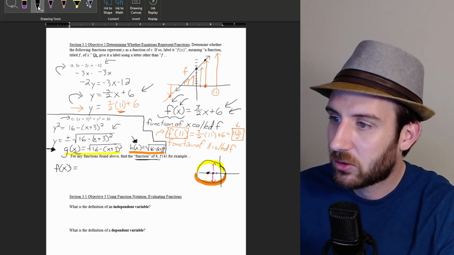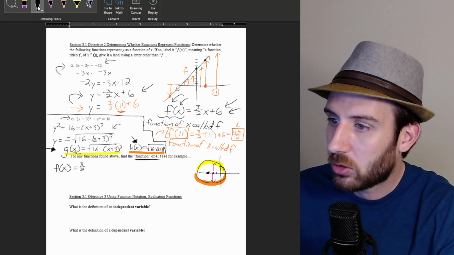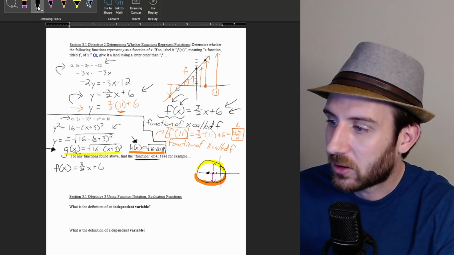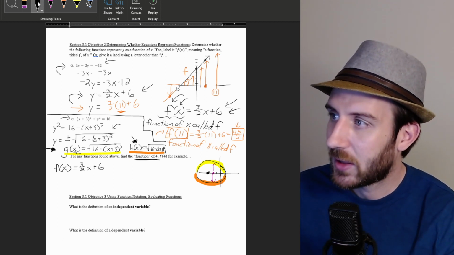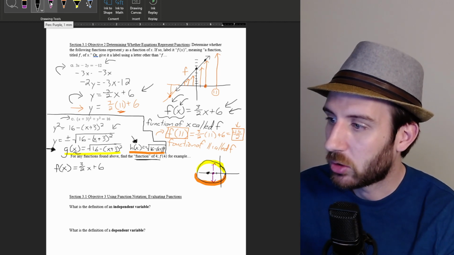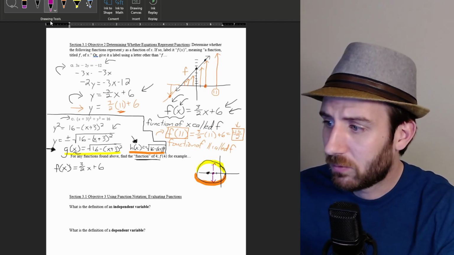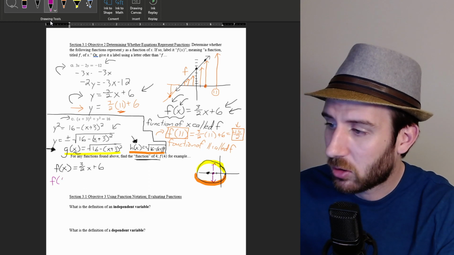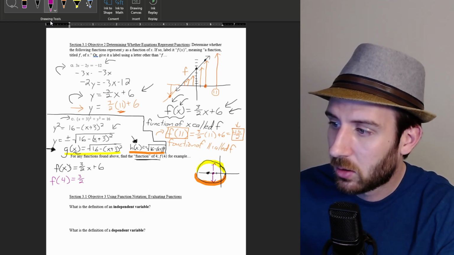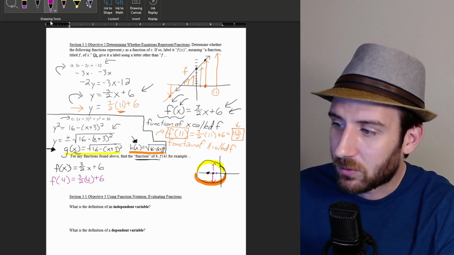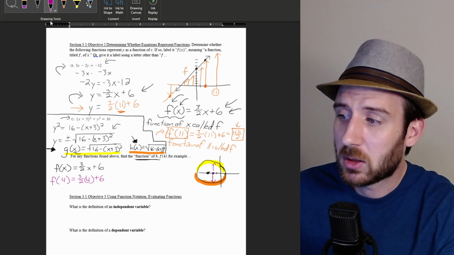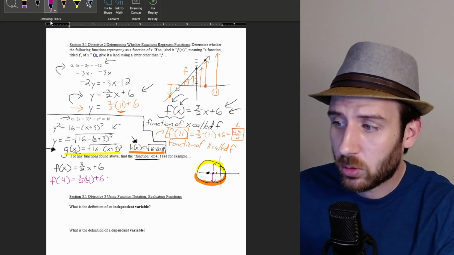So if f of x is 3 over 2 x plus 6, that meant that the function of every x value was to get plugged in here and give me one and only one answer. And if I want to know the function of 4, for example, then I could say, no problem. The function of 4 is to say, well, if I plug in 4, what do I get? And you'd say, no problem. I'd take 4 and I'd multiply it by 3/2. That would get me 6. And then I'd add 6 to it. That would get me 12.